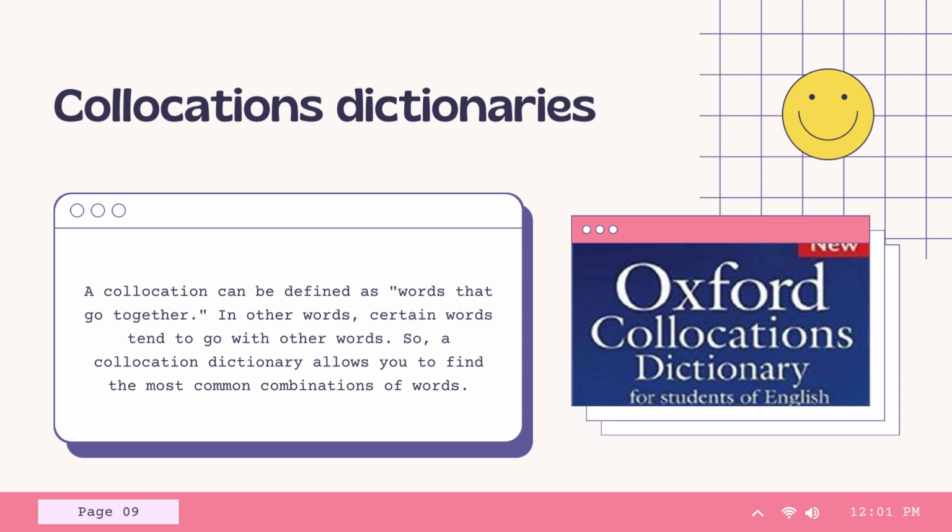This type of dictionary is going to help you understand how one word can work with another word in the most common use, and also to know when you have to use one word in certain situations.